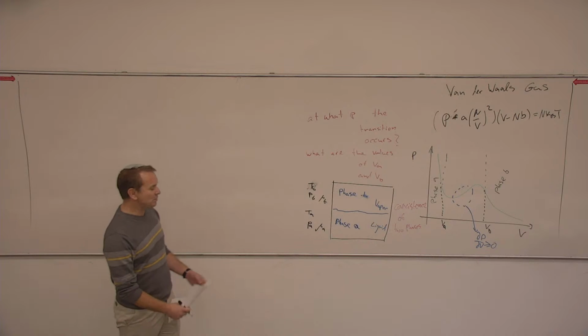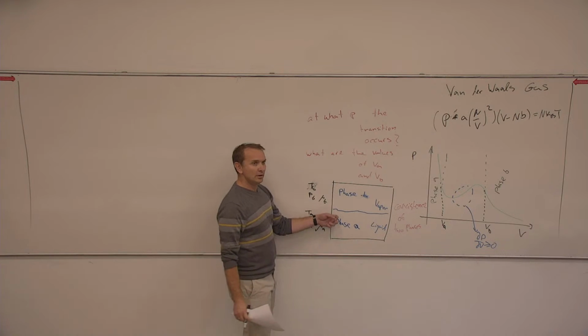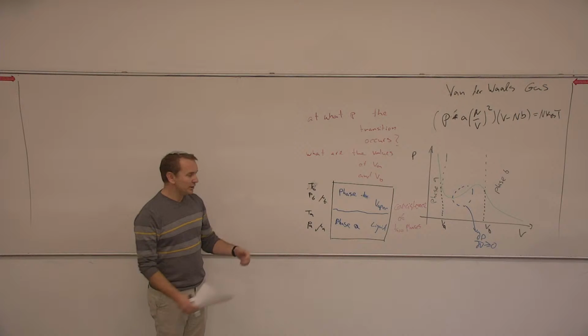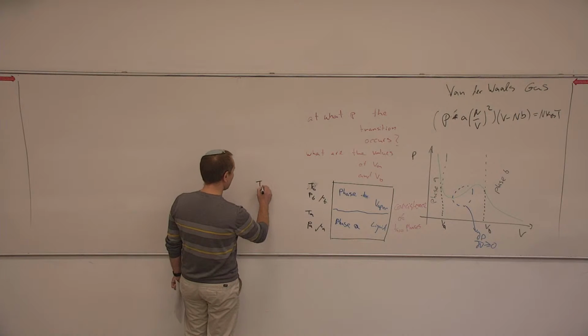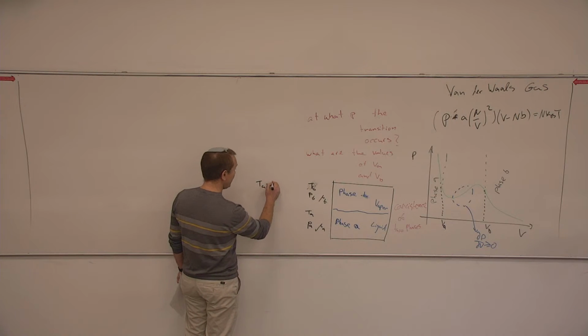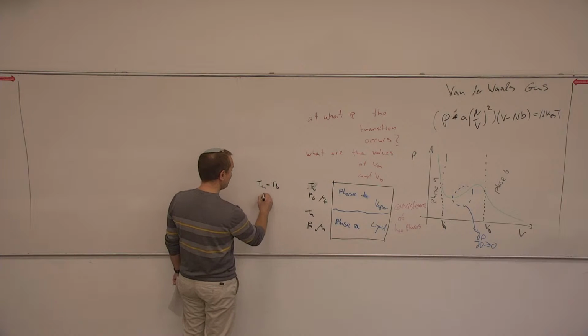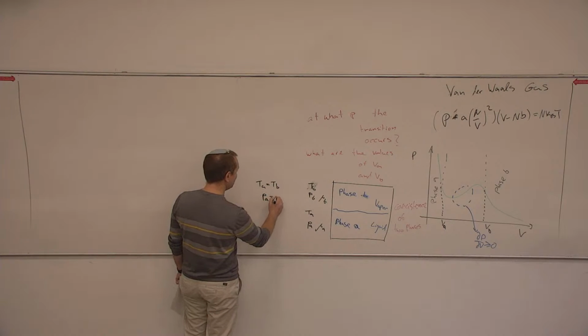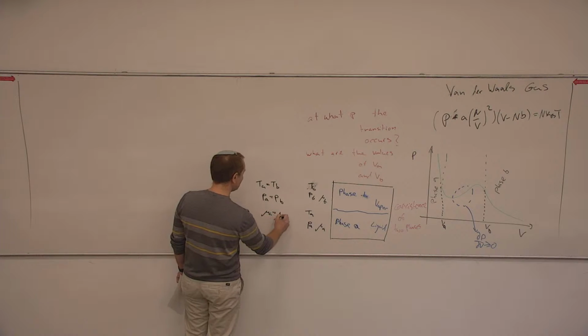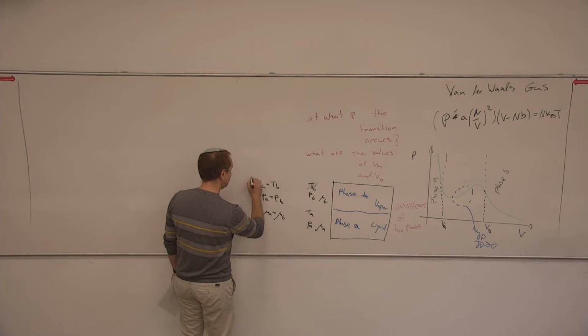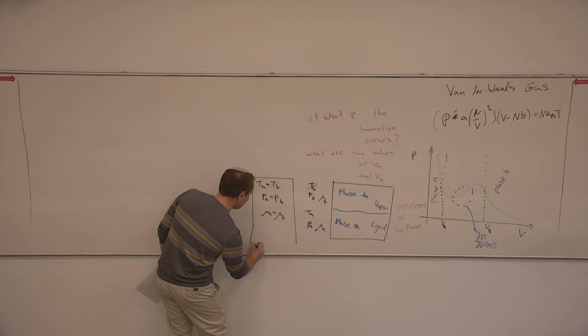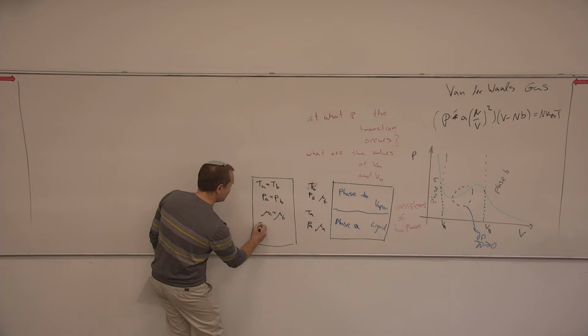Now, the assumption of equilibrium leads to what? It leads to the stability criteria: T_A equals T_B, P_A equals P_B, mu_A equals mu_B. Equilibrium.